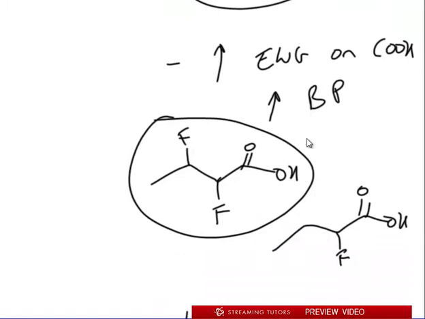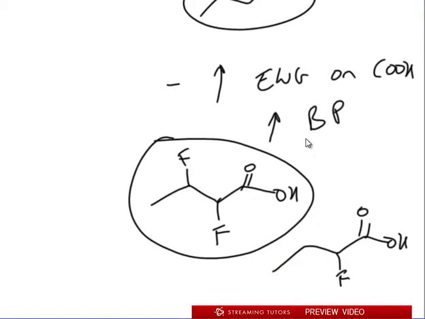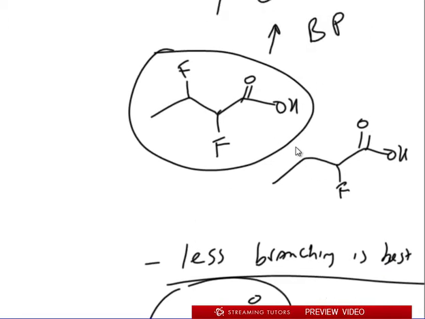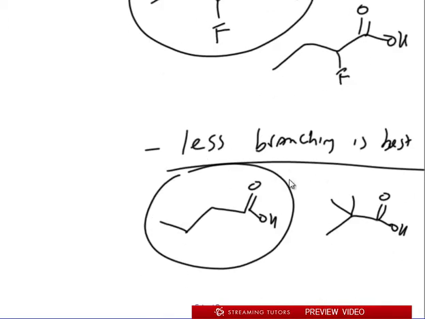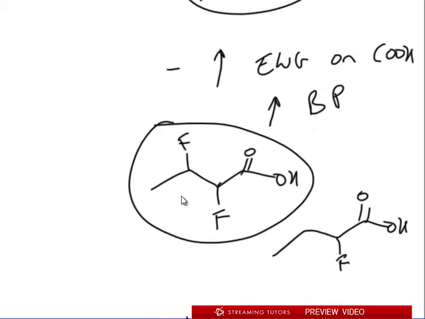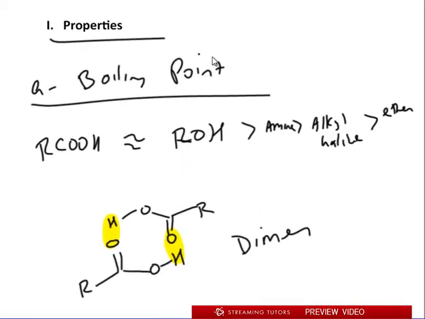Increased polarity increases the attraction, the dipole moment, right? So that's a dipole attraction. And then less branching is going to allow for better van der Waals, because the surface area, if it's no branching, it's better than branching. Branching pushes them away from each other. Okay, so that's the review I want to do with boiling point.